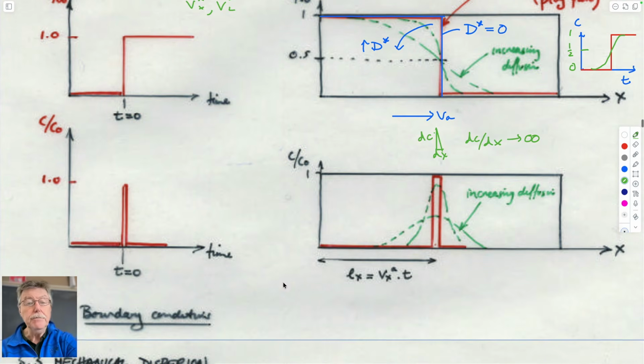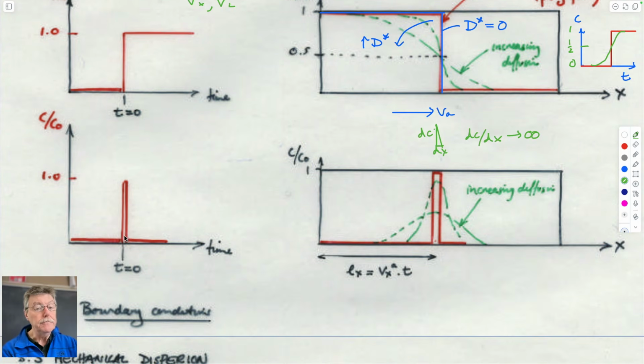If you think about the input function being slightly different, so in other words, you put something into the ground, it dissolves into the water, and you put so little into the ground that it's all dissolved into the water and there's no source left upstream, as there was here, then you can imagine that this would be a source that's turned on and then turned off straight away. And so what you'd expect to happen is it's carried down gradient by the velocity, so it will migrate downstream as this skyscraper.